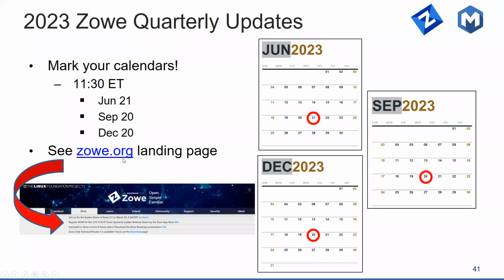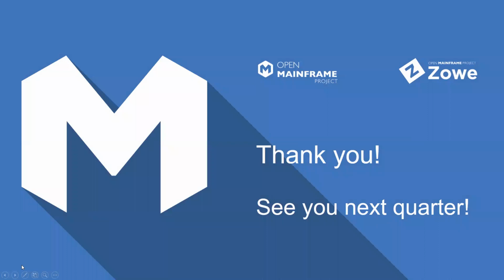Look for the registrations for those quarterly updates at our landing page in the announcement section, and we'll try to do a better job at planning these out, opening up the registrations earlier, and providing more content as it relates to the features and functions that we're introducing within Zowe. And of course, we're preparing for V3 next year. So expect to see some information related to when you can expect that to be coming and what would be included in that. And I think, yes, that brings us to the end.